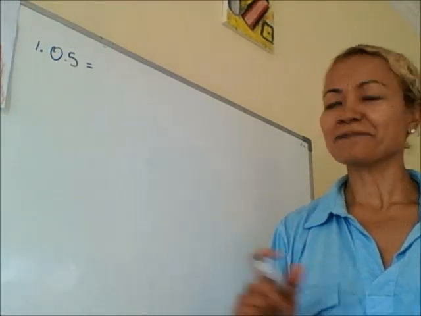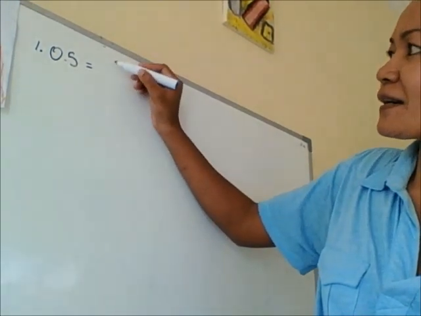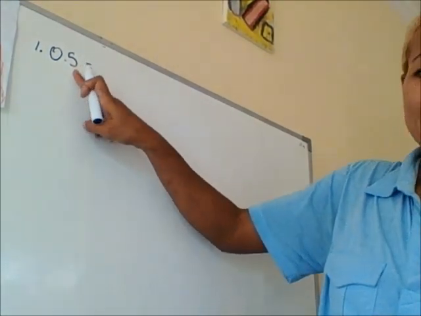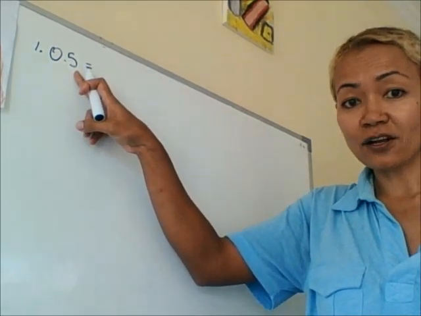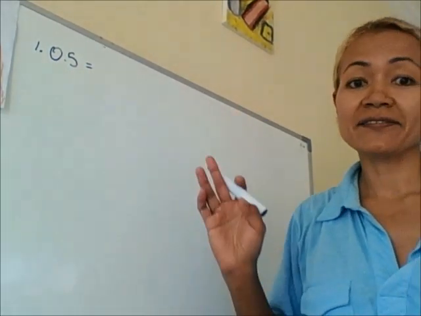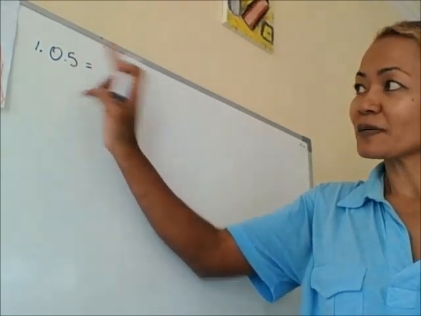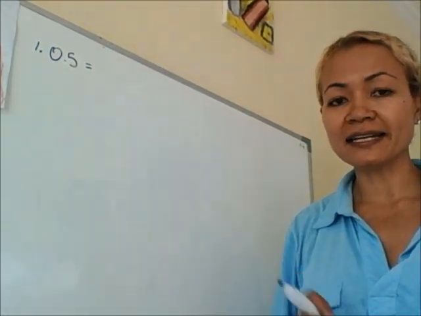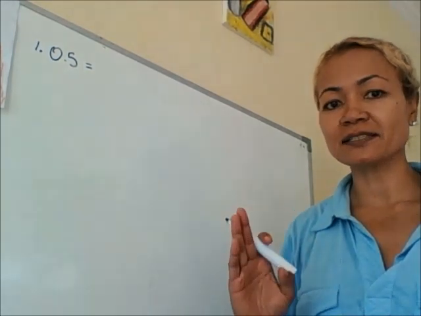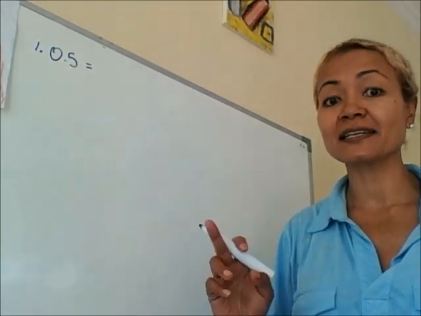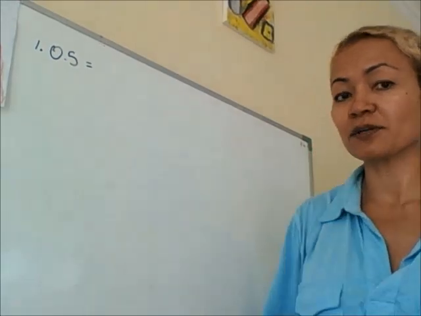Okay, have you done it? Right. So that is 5 in the tenths column, so it is 5/10. One place to the right of the decimal place, therefore it will sit over a denominator with 1 zero.